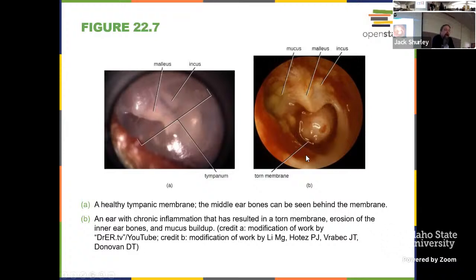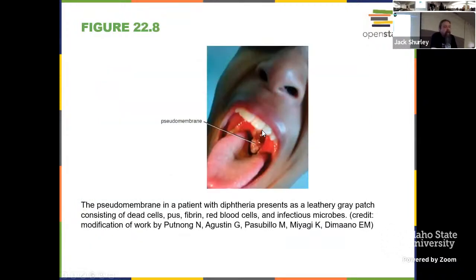All right. Here we've got an infection. There's all sorts of inflammation, redness. There's also some pus within here, and the membrane has ruptured or torn, all right, as a result of this chronic inflammation. And there are all sorts, we'll talk about some of that, all sorts of potentials with that.